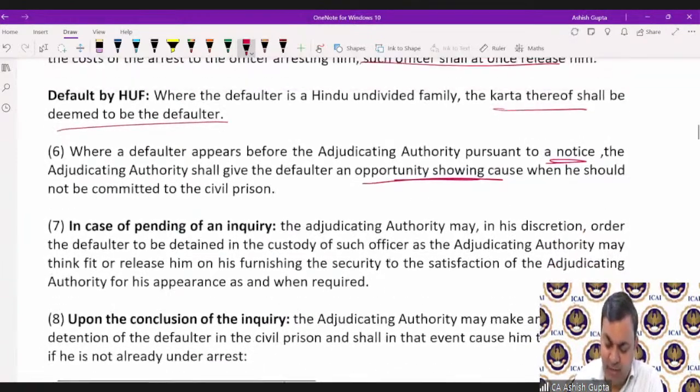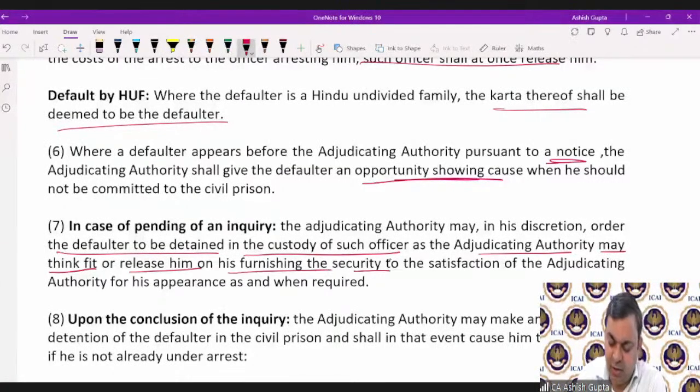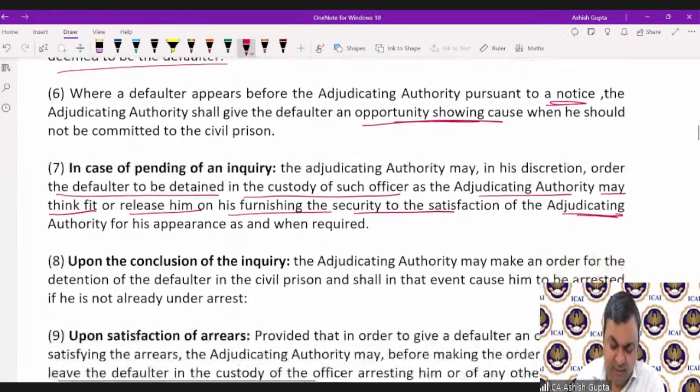In case of pending inquiry, the adjudicating authority may, in its discretion, order the defaulter to be detained in the custody of such officer as the AA may think fit, or release him on his furnishing security to the satisfaction of the adjudicating authority.